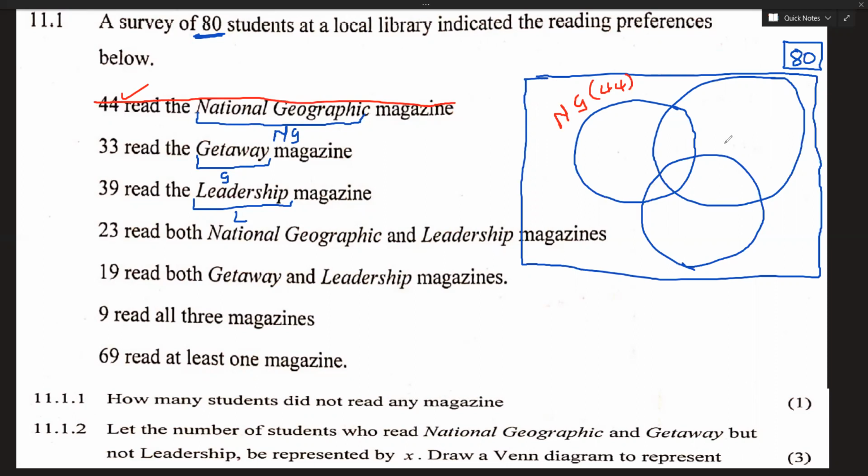And then this circle, I'll call it G, which is 33, which is there. Then you cancel the G. Then this one, I'm going to call it L, which is going to be 39, which is there. Then I cancel it, right?